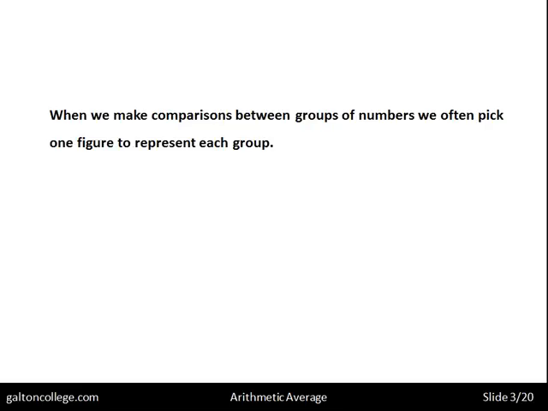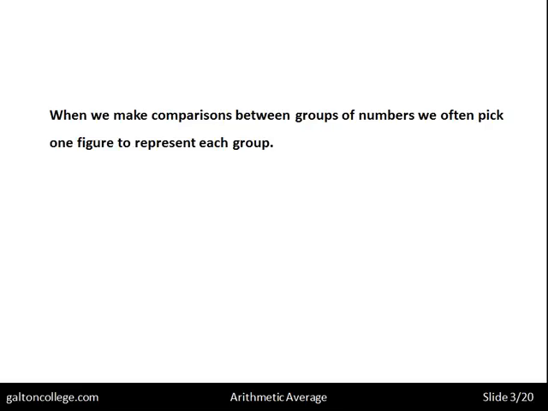So for example, teachers in schools will talk about students or pupils of a certain age. They'll say the average age in this class is 10, the average age in that class is 11. So they're using the averages to distinguish between different groups.